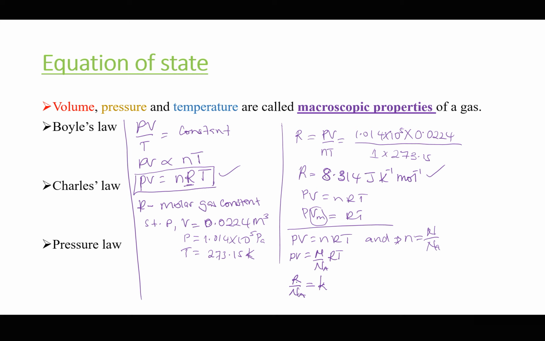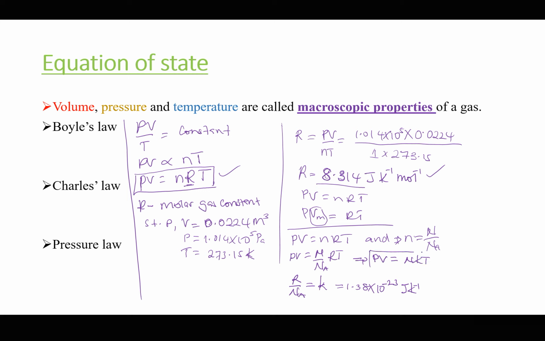And when you press your calculator, you divide the value of R by Avogadro's number, you'll get k as approximately 1.38 times 10 power negative 23, and the units here will be joules per Kelvin. So it implies that we shall be having PV equal to, where there is R over Na, I'll put there k. So this becomes NkT.